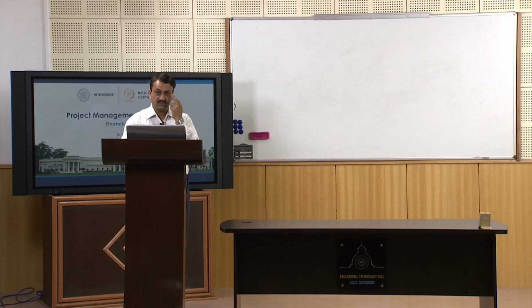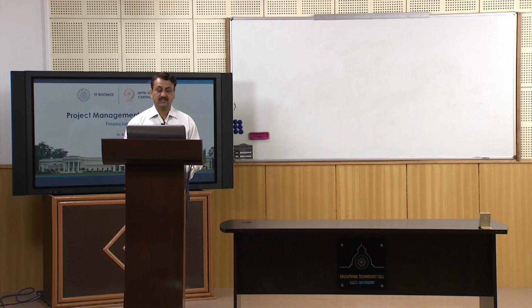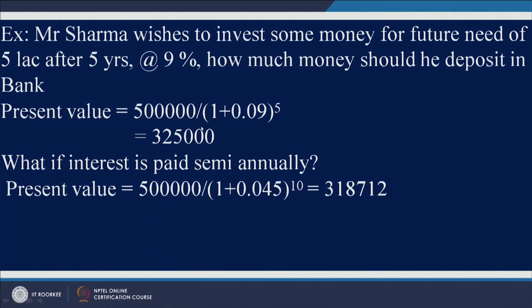So how to solve this question? Just try this. Okay, let me solve this question. It's a simple one, right? So present value is 5 lakh divided by 1 plus 0.09, the 9% value, to the power n, where n is the number of years.